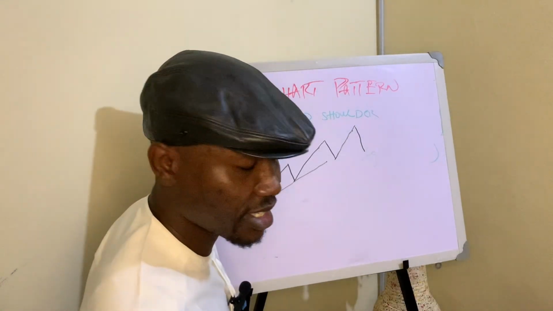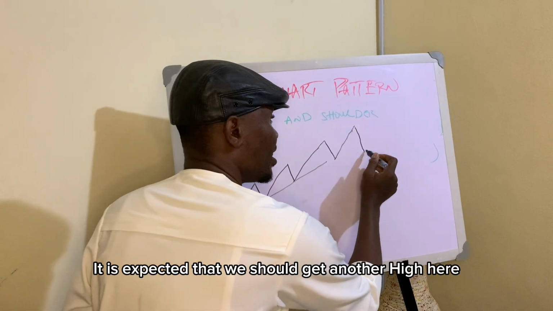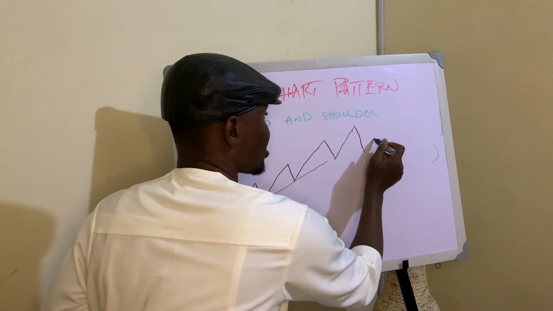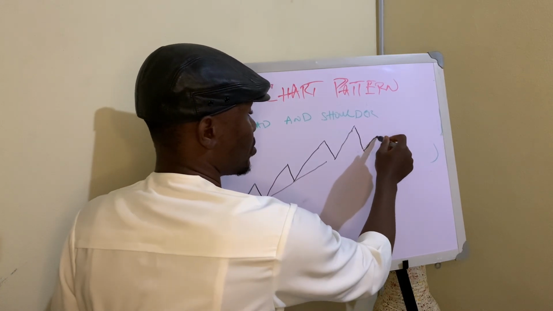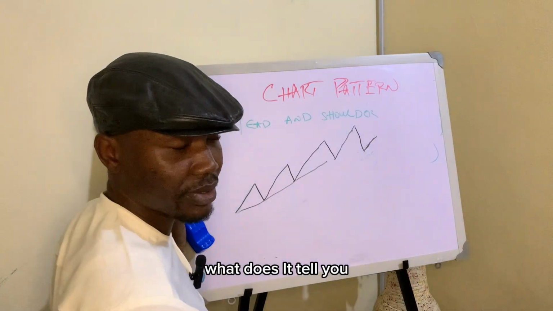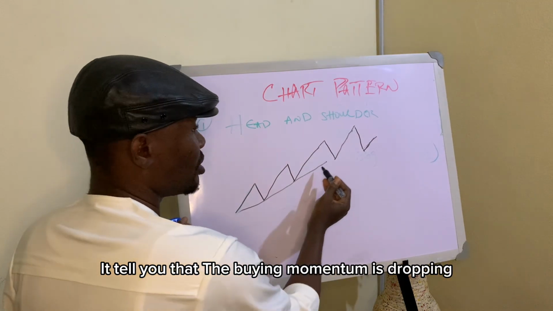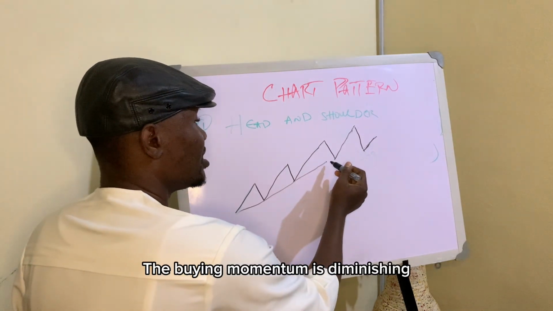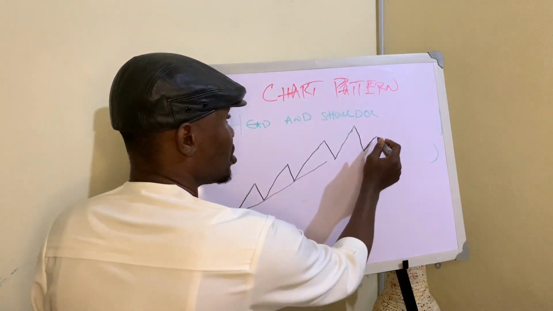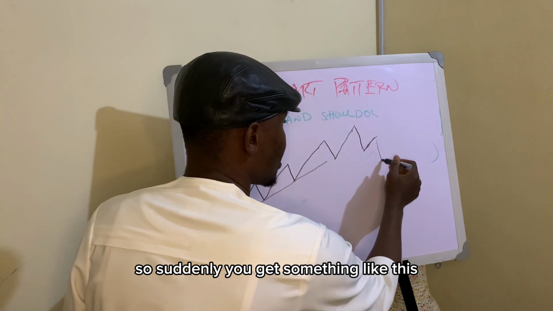It is expected that we should get another high here, but we get instead a lower high. What does it tell you? It tells you that the buying momentum is dropping. The buying momentum is diminishing at this point. So suddenly you get something like this.